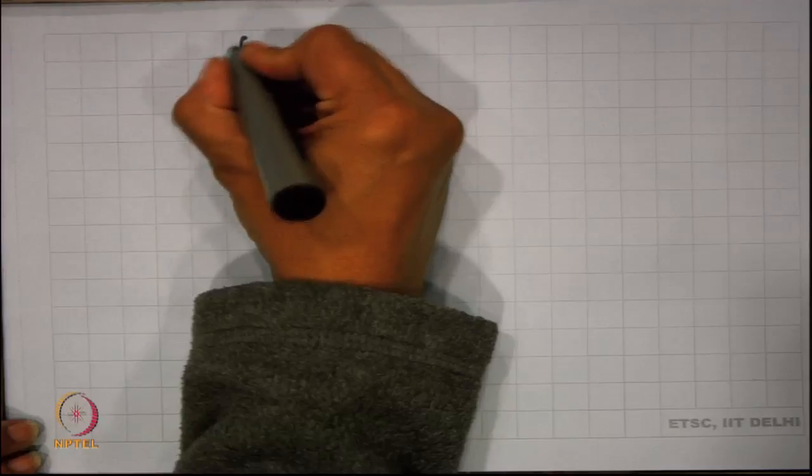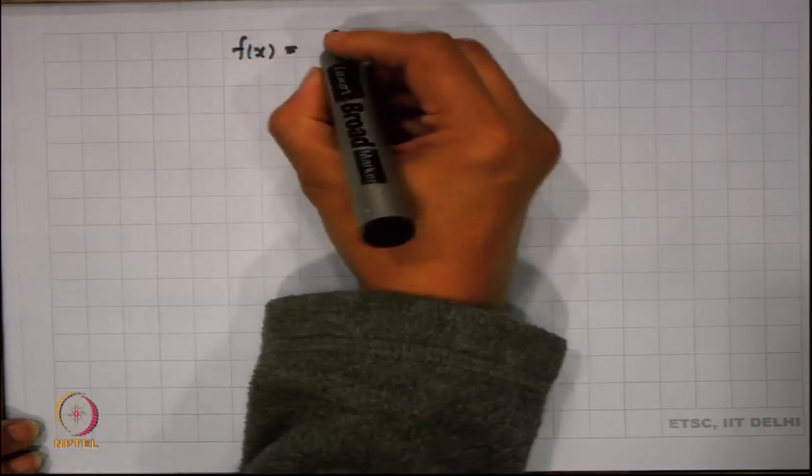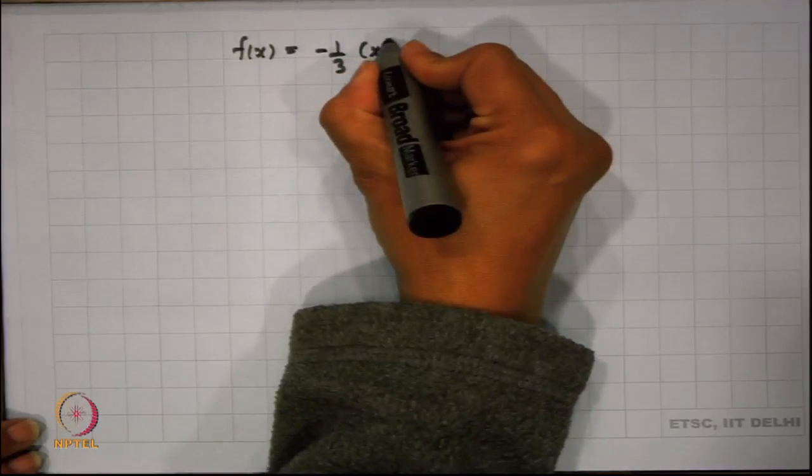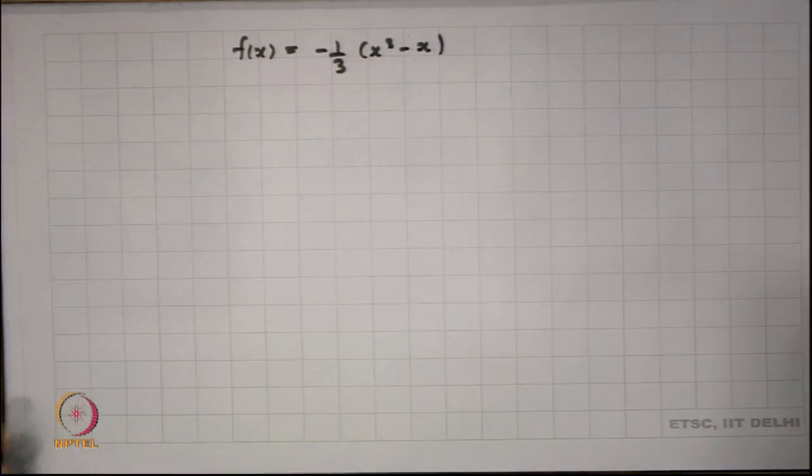So, let us look into another example here, and this example has the same function, but with a negative sign. So, this is minus 1 by 3 x cube minus x. Now, what can we say about this particular function? Certainly 0 happens to be a fixed point here.